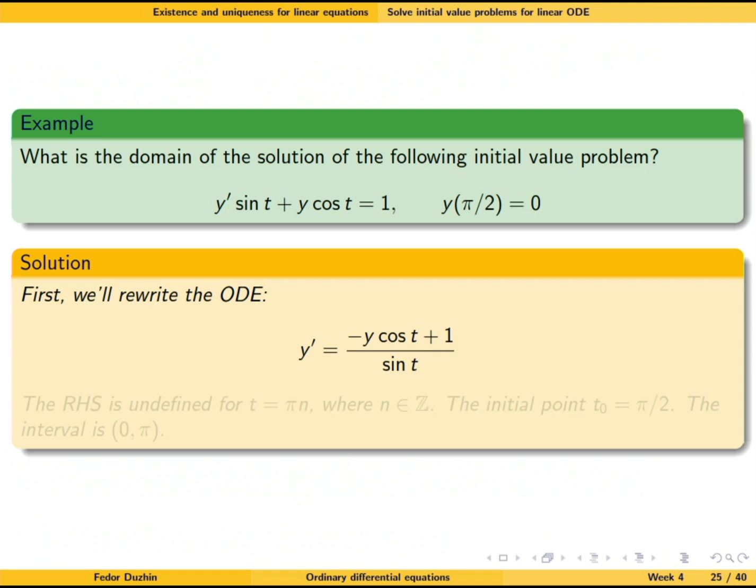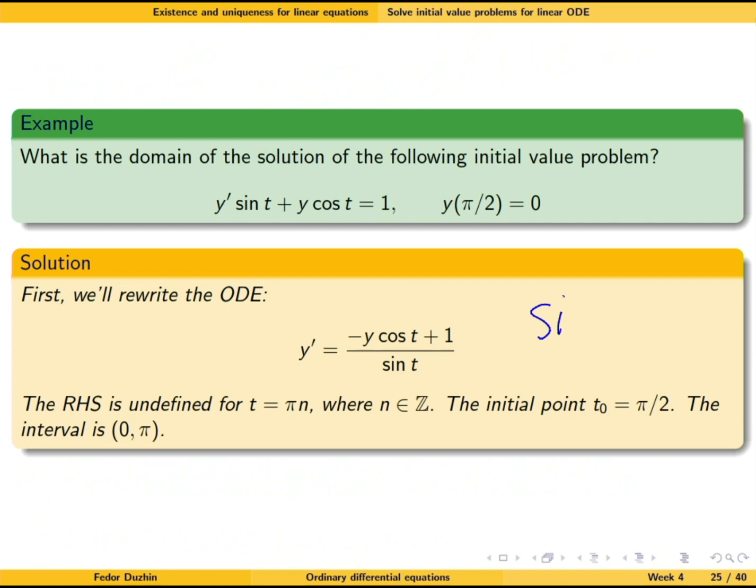First we need to rewrite it into this form where it is resolved in y prime. Then notice that the right-hand side now is undefined whenever sine t is 0. Whenever sine t is 0, there is 0 in the denominator, so the right-hand side is undefined.